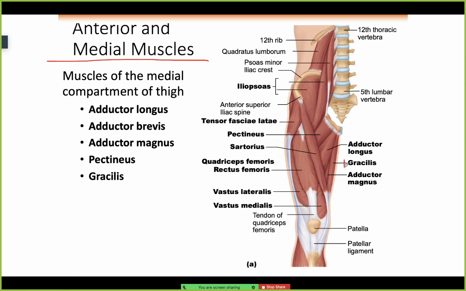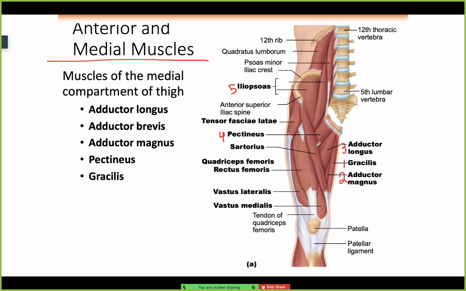So 1, 2, 3, 4, and 5, because it goes medial to lateral. Gracilis, adductor magnus, adductor longus, pectineus, and iliopsoas. You can't see the adductor brevis on this picture, but you will be able to see it using Visible Body. Or if you want to just look up another illustration, you'll be able to see it there. So learn them from medial to lateral.